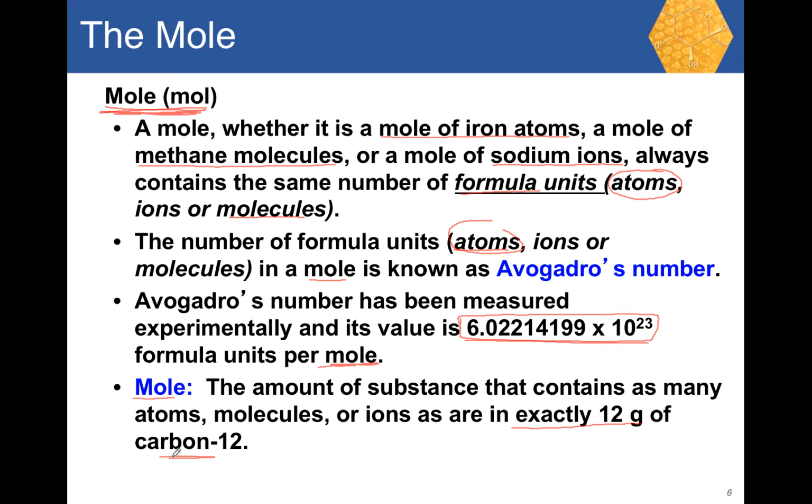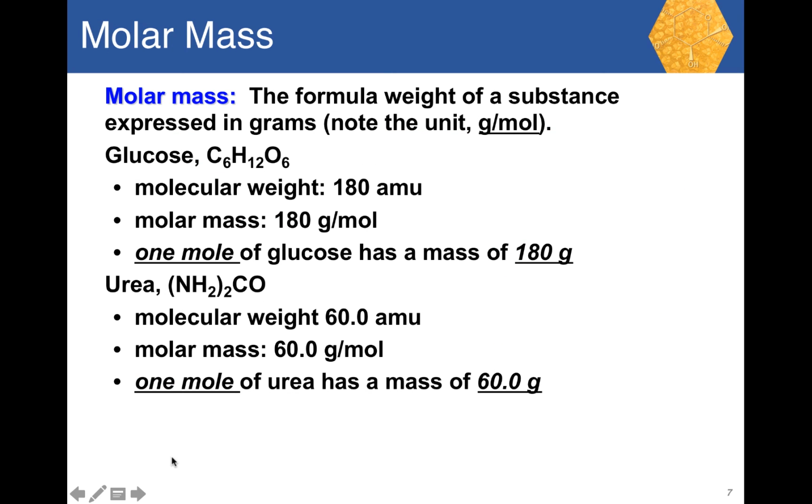In other words, what they're saying here is that if you had the isotope carbon-12 and you had 1 mole of carbon-12, it will contain the same number of atoms and units as 1 mole of any other substance. Okay, let's see if we can apply that concept.